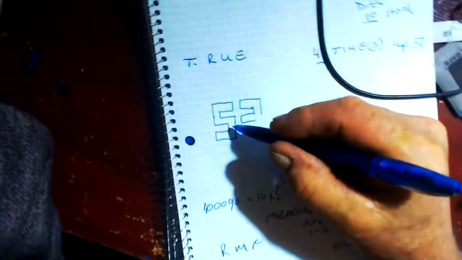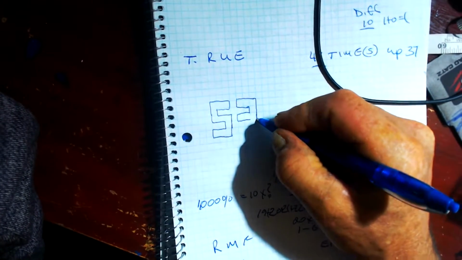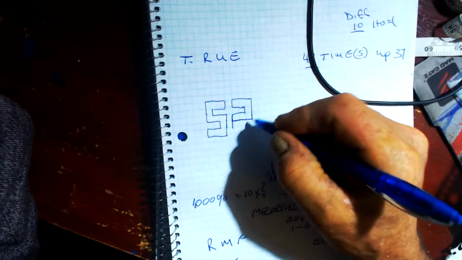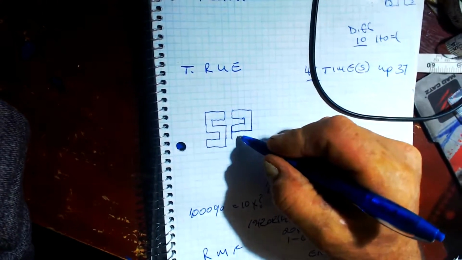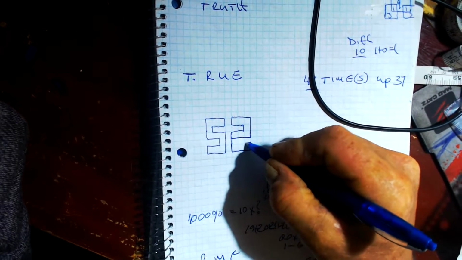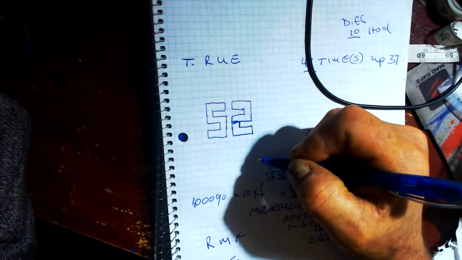Okay, we'll do the design this way. Here's a 5, and here, okay, somehow I'm just trying to see the 5 and the 2. Got to take away this line over here.